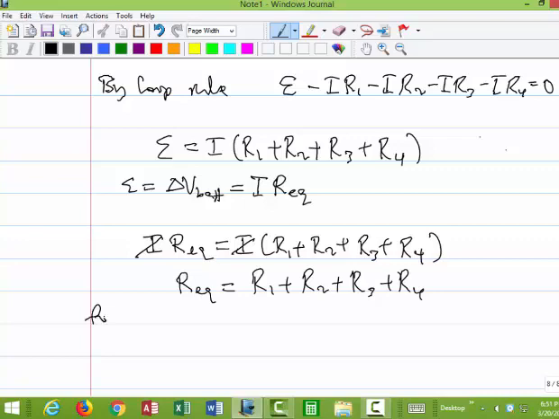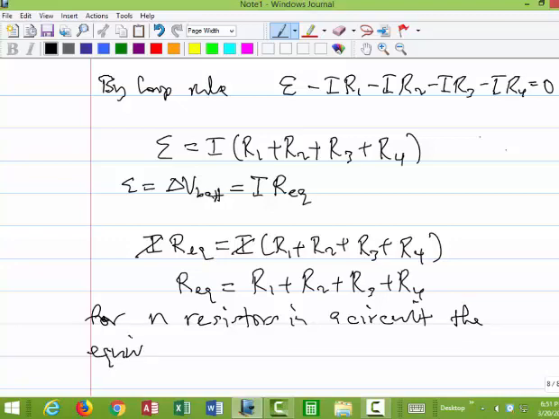So we can say that for N resistors in a circuit, the equivalent resistance, which is R equivalent, is equal to the sum of all the resistors in the circuit. Just like that.